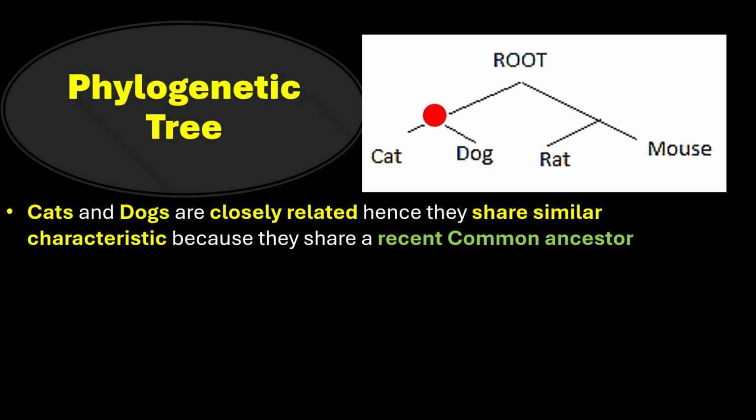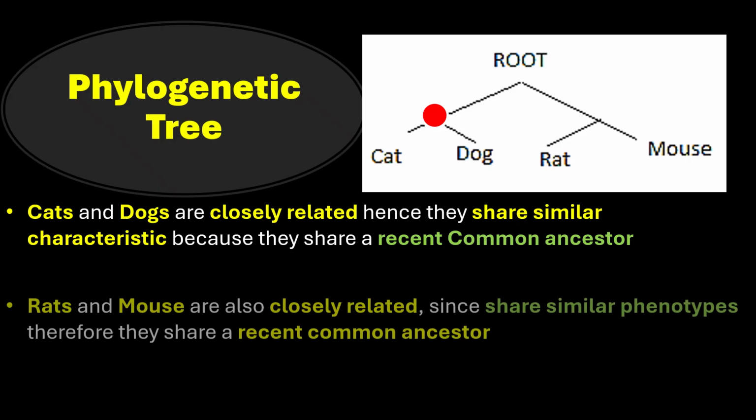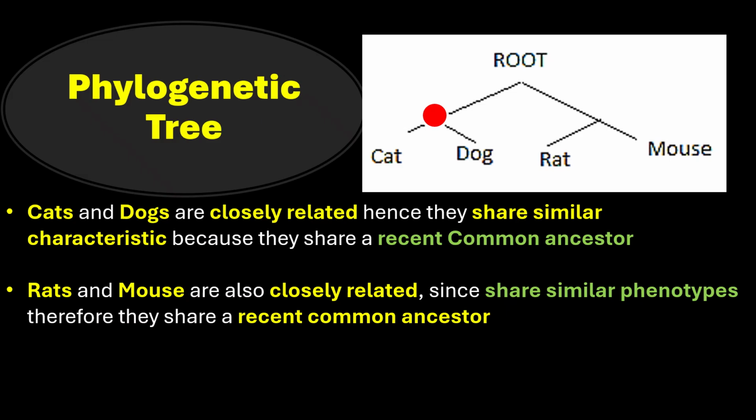That's the ancestor there. Rats and mouse, they are also closely related, and their close relationship allows them to share similar phenotypes. And because of that, they share a common ancestor.